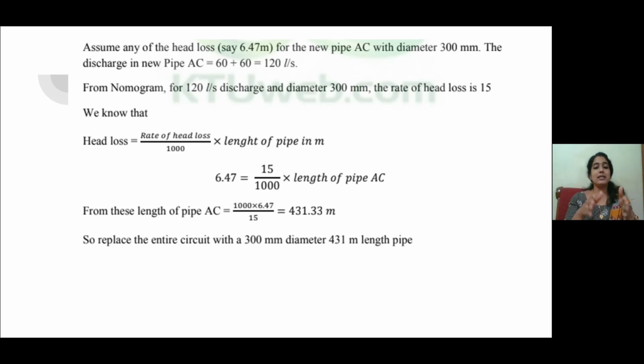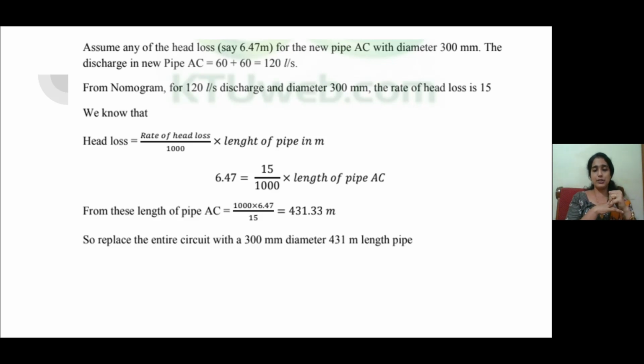Then we will get the length of the pipe as 431.33 meter, and we can replace this whole pipe network system of A, B, C, D by the pipe AC having a diameter 300 mm and a length of 431 meter. This is the equivalent pipe method for pipe network analysis.